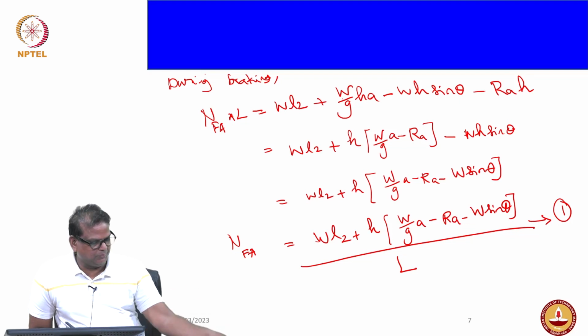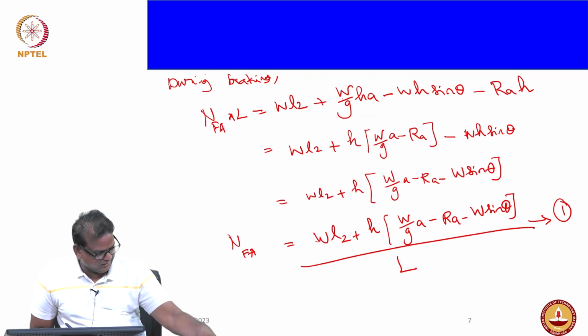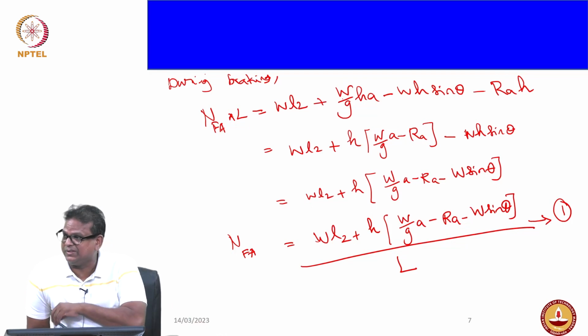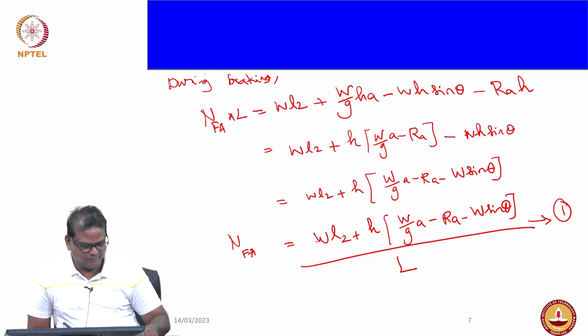Previously, in the general equation, I had mu r into W cos theta, that was the frictional force. Here I have taken the maximum WL2, is that clear to you?